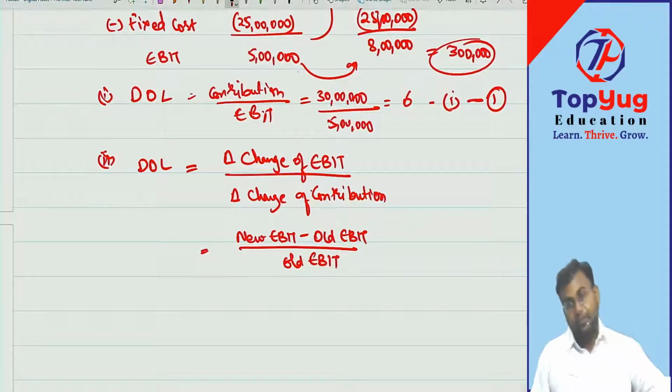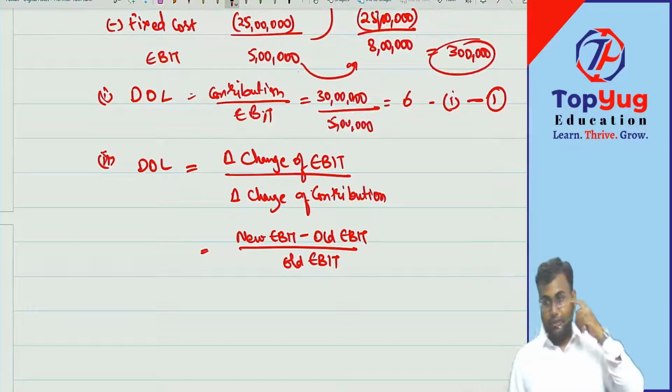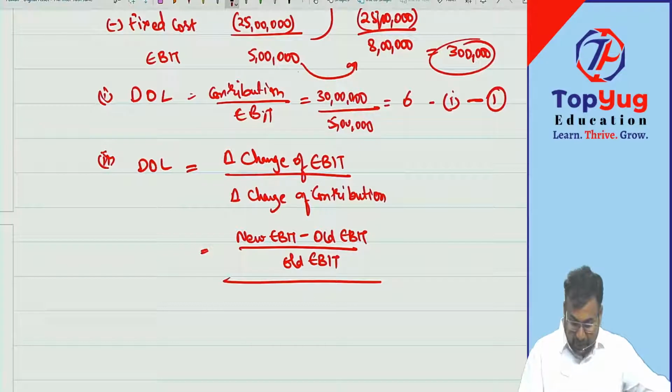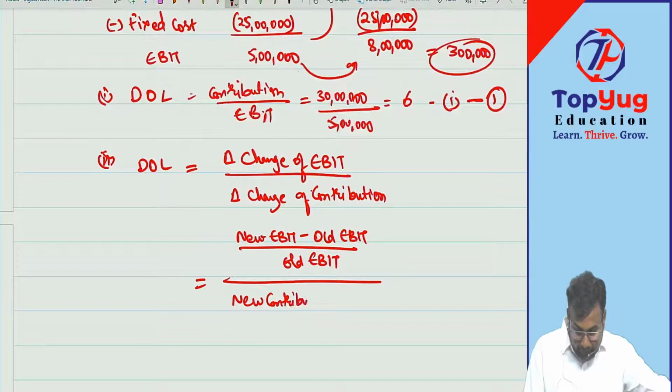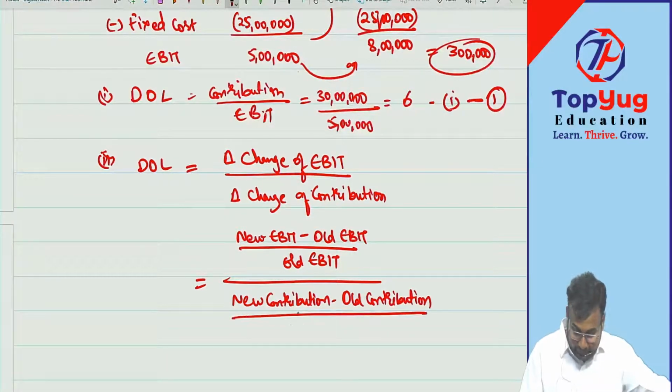Yes or no? Yes, that is how it has to be calculated. Same thing, divided by new contribution minus old contribution divided by old contribution. Yes or no, guys? Yes.